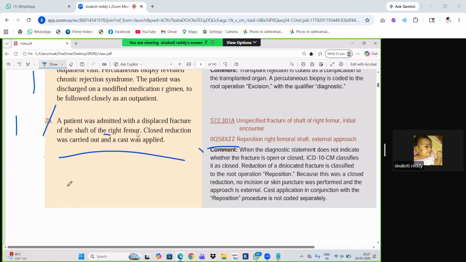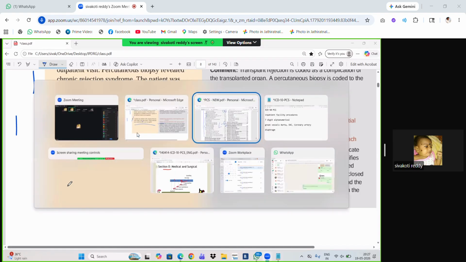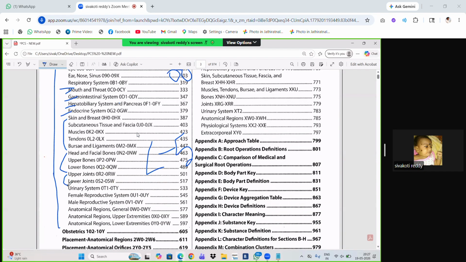It was bone or joint? Bone. Upper bone or lower bone? Lower bone. Lower bone means what is the second character?